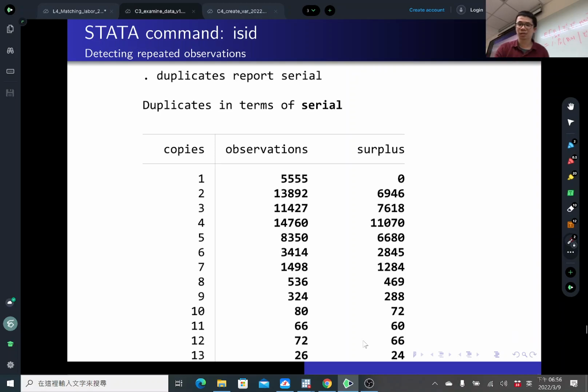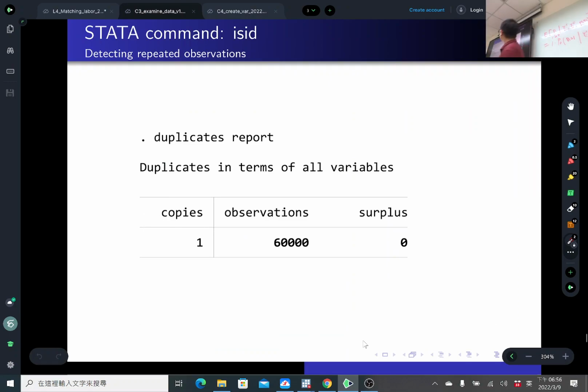And if you do not specify any variable, it will check whether your observations have the same value in all the variables.